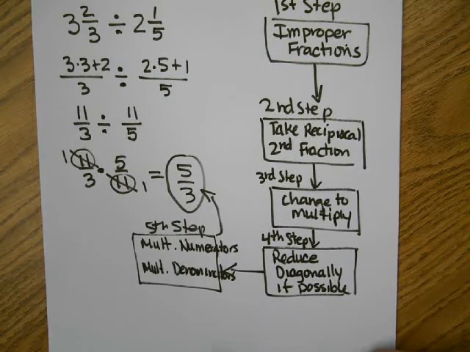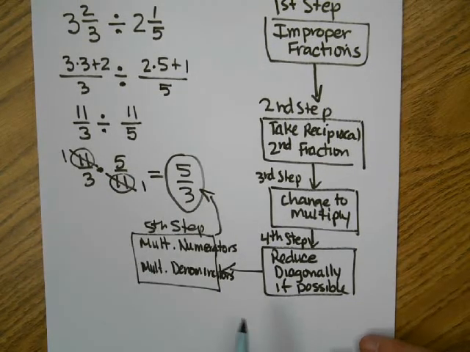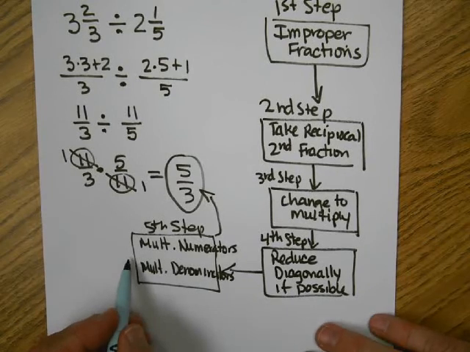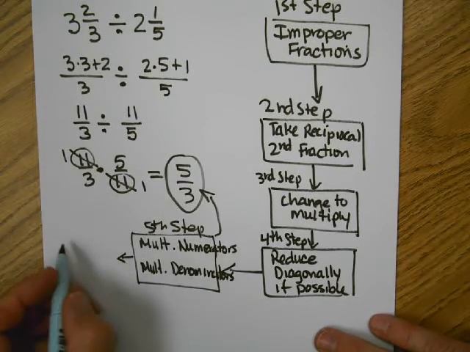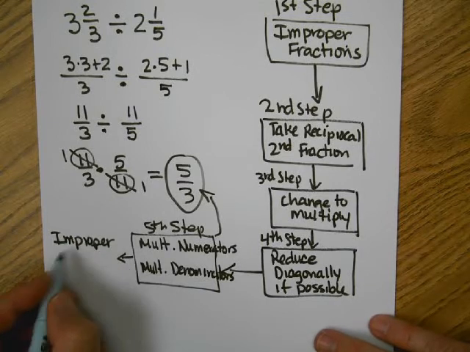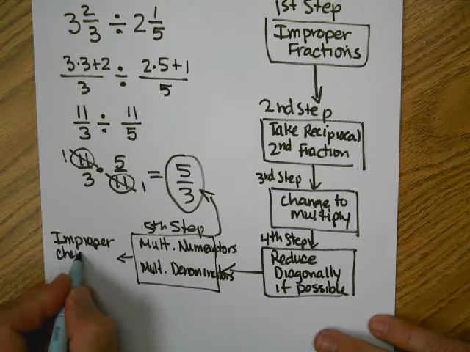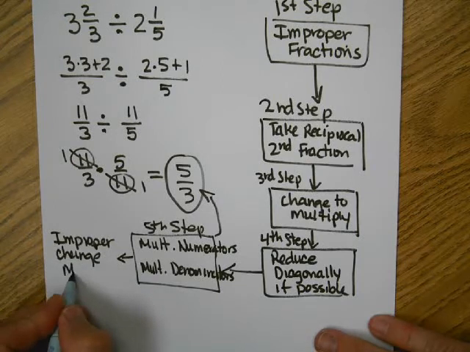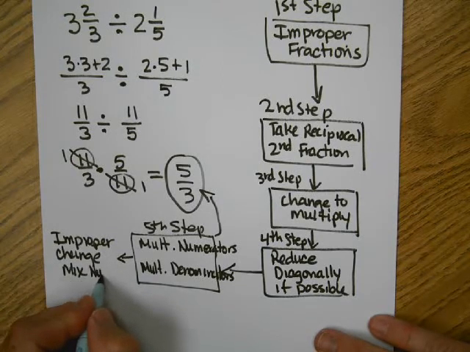But wait, what do we have to do? Can we leave the answer in an improper fraction? No. So we have one more step, is to change improper back into a mixed number.